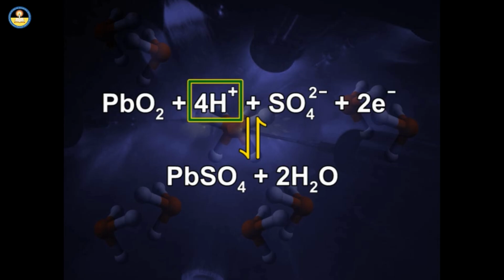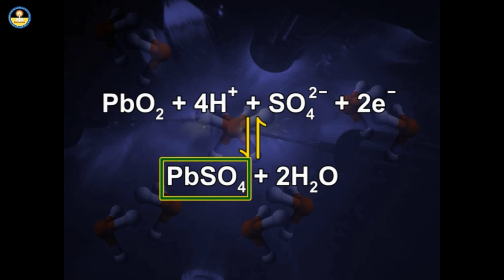PbO2 + 4H+ + SO4^2- + 2e- gives PbSO4 + 2H2O. Let me tell you that the reverse reaction takes place during charging.